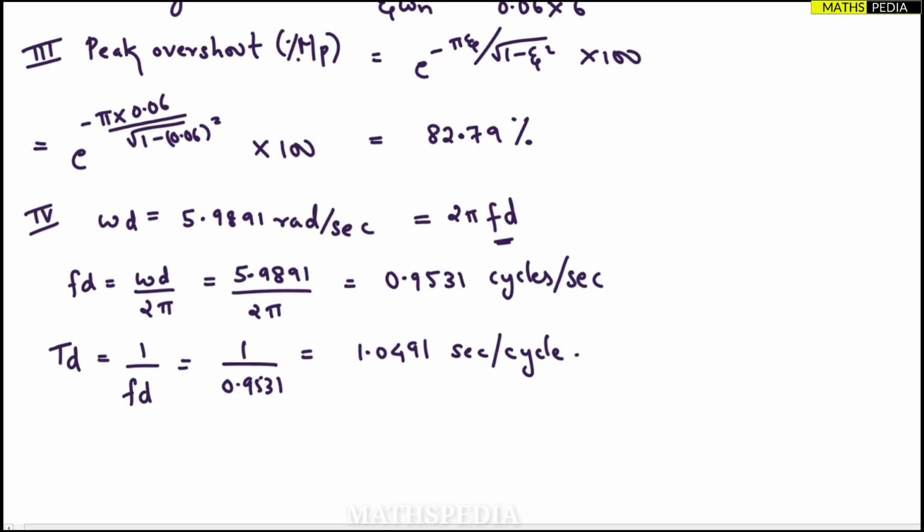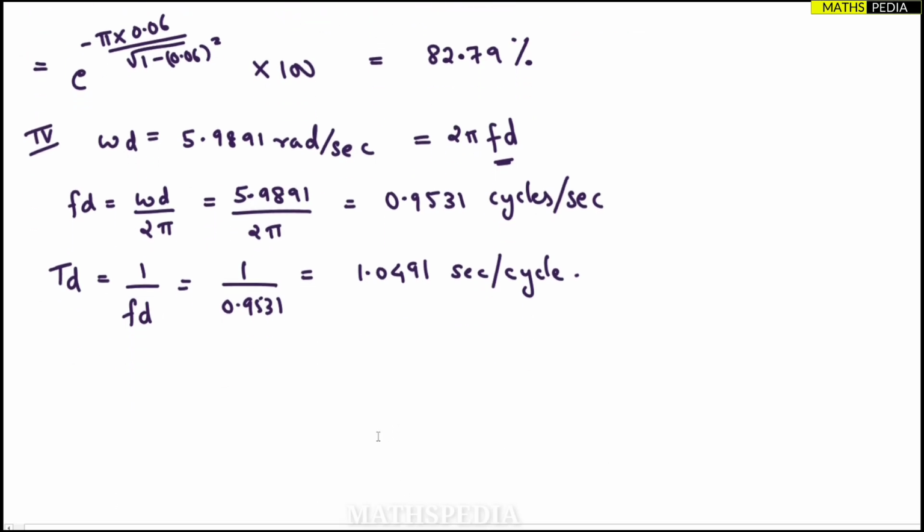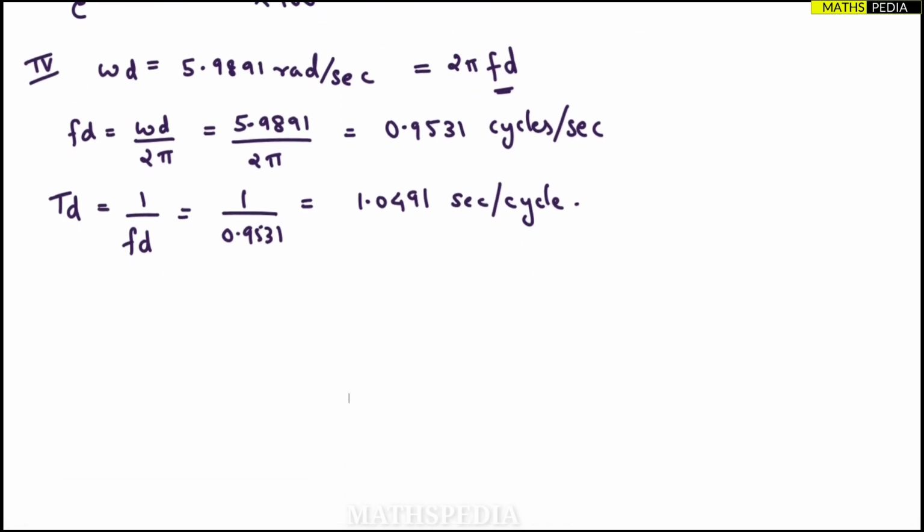Here the concept is that we found out td, which is the time period for one cycle, 1.0491 seconds. Now we have the settling time.